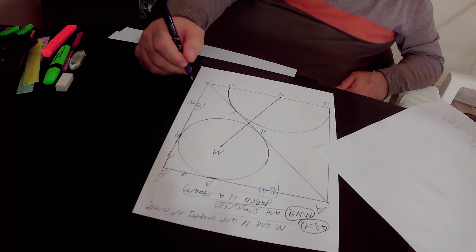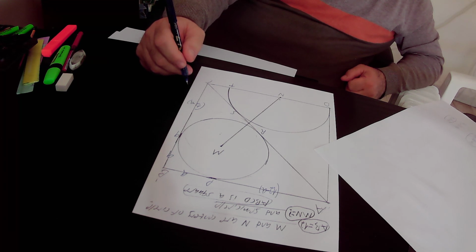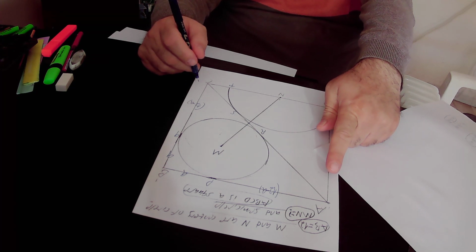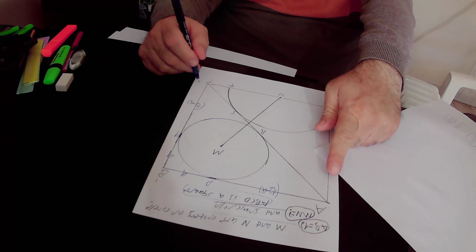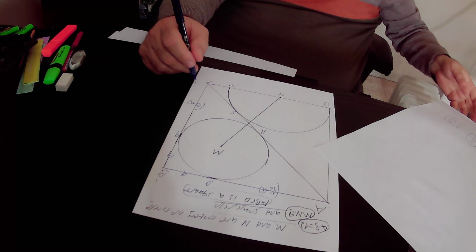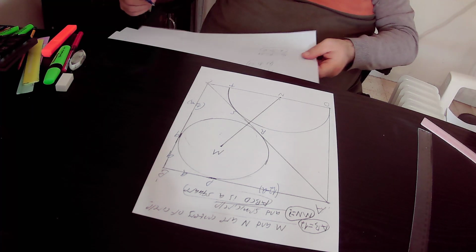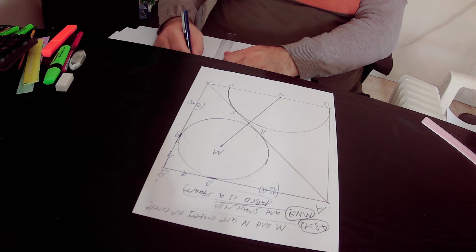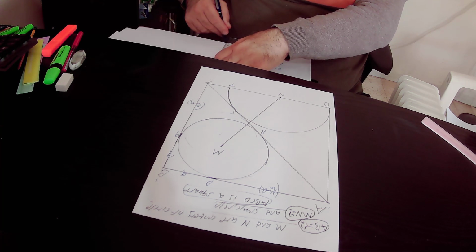And we will refer to point A. Point A is an external point in relation to this circle. From the external point, point A, we have two tangents to the circle.